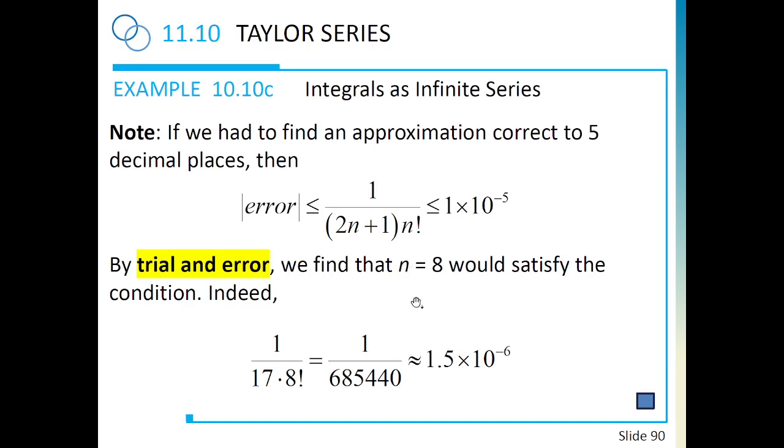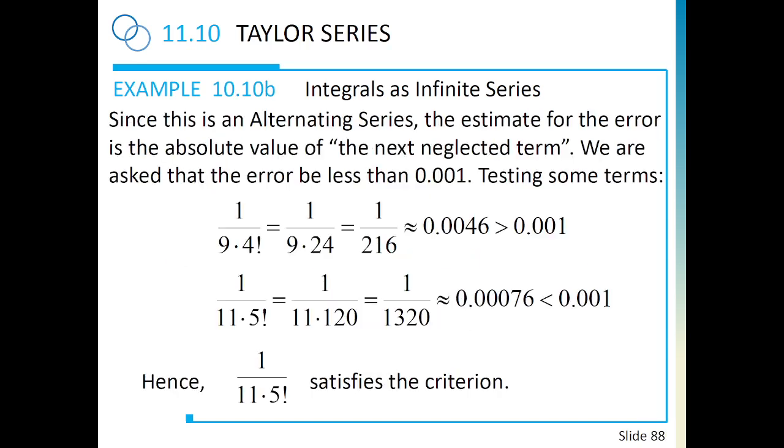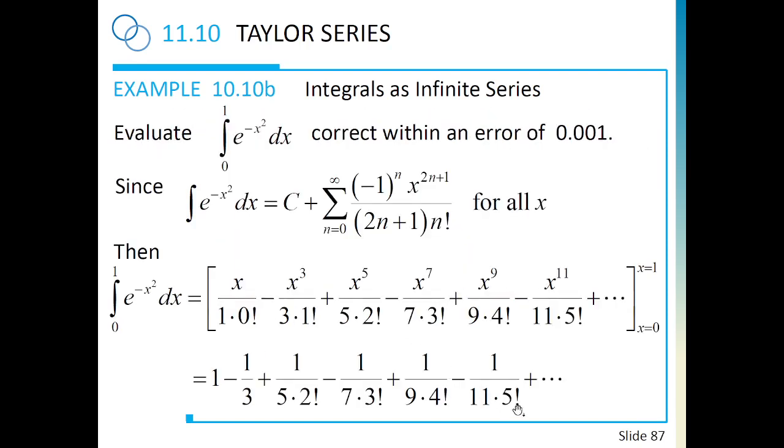That means I will need to use a Taylor polynomial of degree 7, I think, in this case. In this process, I will need to go up to 4 factorial, 5 factorial, 6, 7, and the 8 factorial is satisfying the error, so I will need to go up to 7 factorial downstairs.